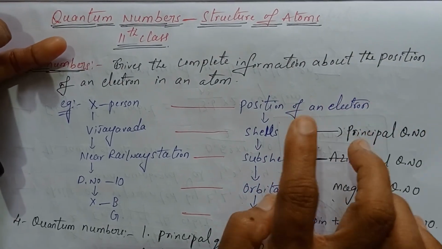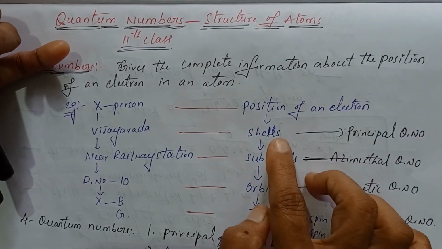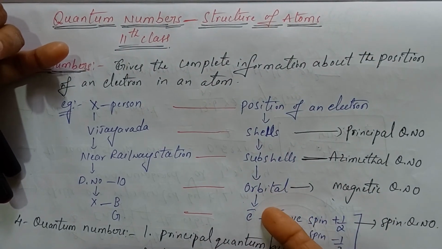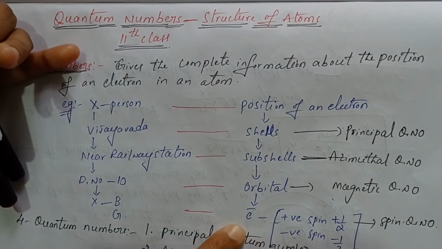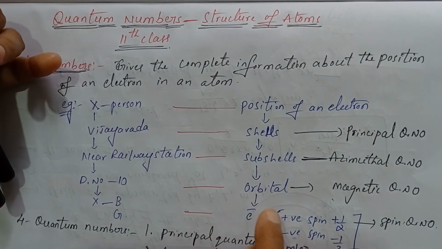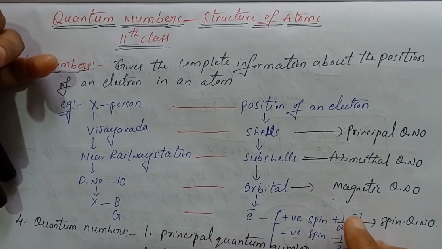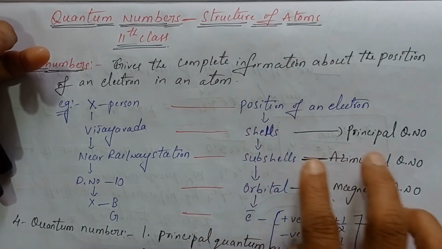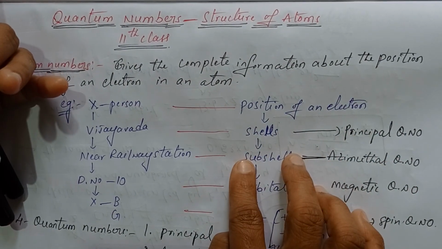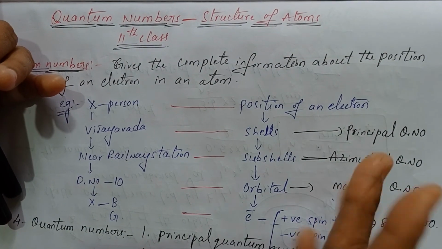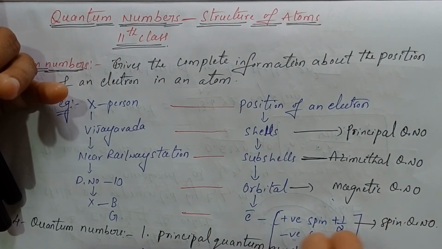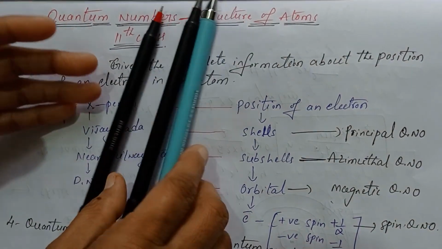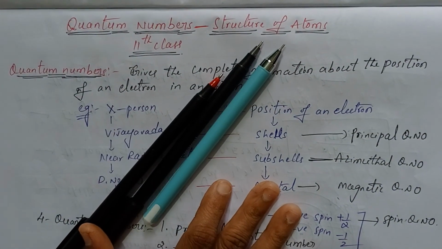Similarly for the position of an electron: electrons are present in shells, in which subshell, in which orbital, and whether that electron has positive or negative spin. So the principal quantum number gives information about the shell number, the azimuthal quantum number about the subshell, the magnetic quantum number about the orbital, and the spin quantum number about the spin of an electron. So this is about the quantum numbers, students.